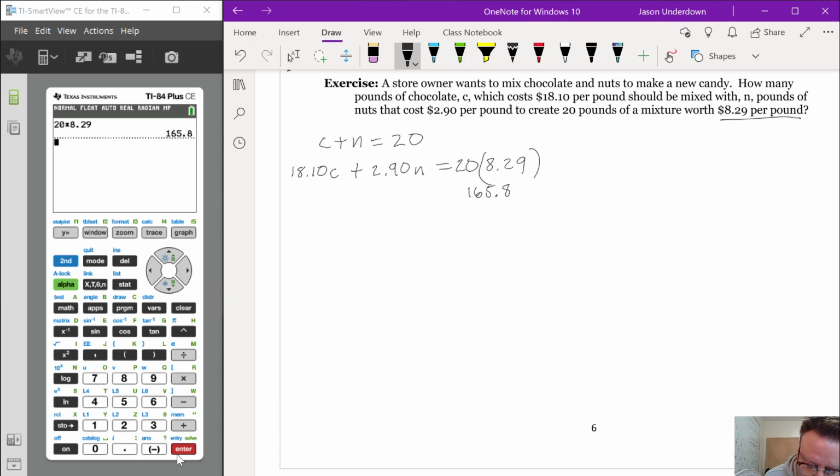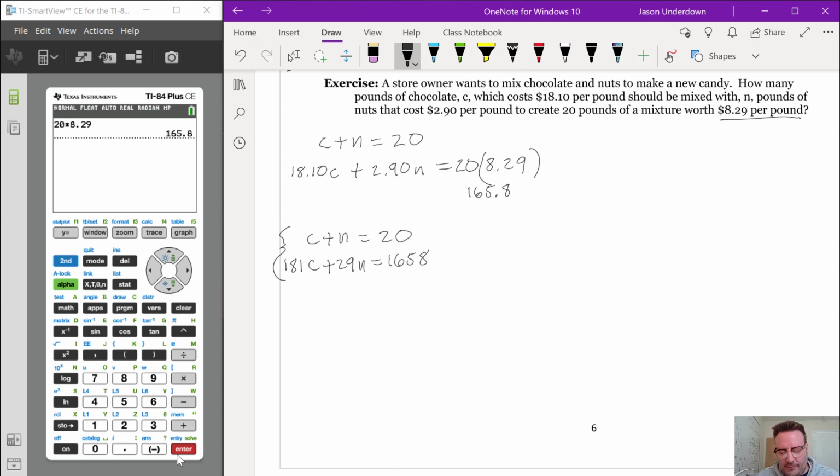So my new system will be C plus N equals 20, and then I'm going to have 181C plus 29N equals 1,658. Okay, there we go. So this is going to be the system I'm going to solve by the method of elimination.